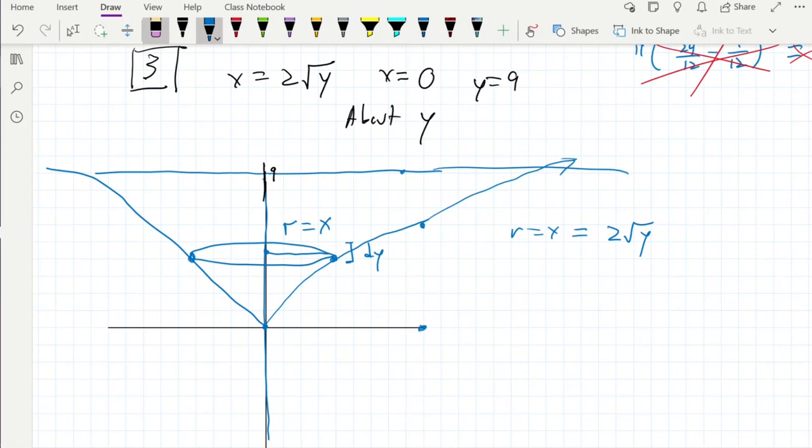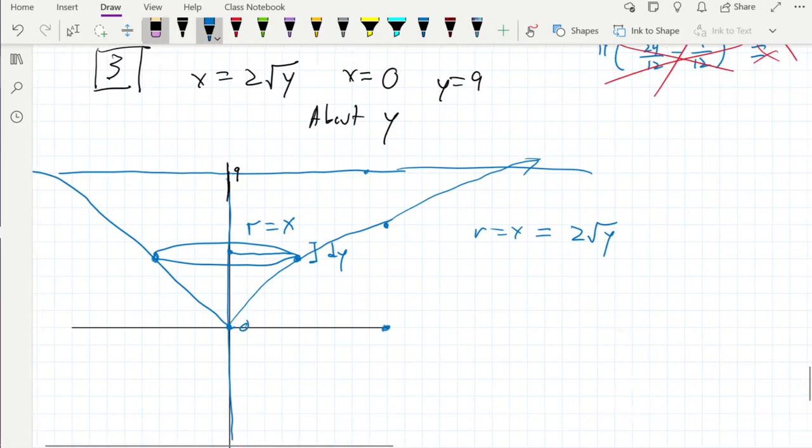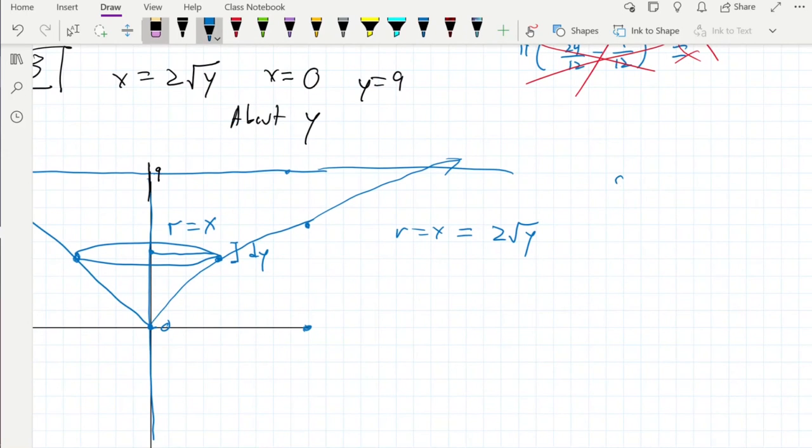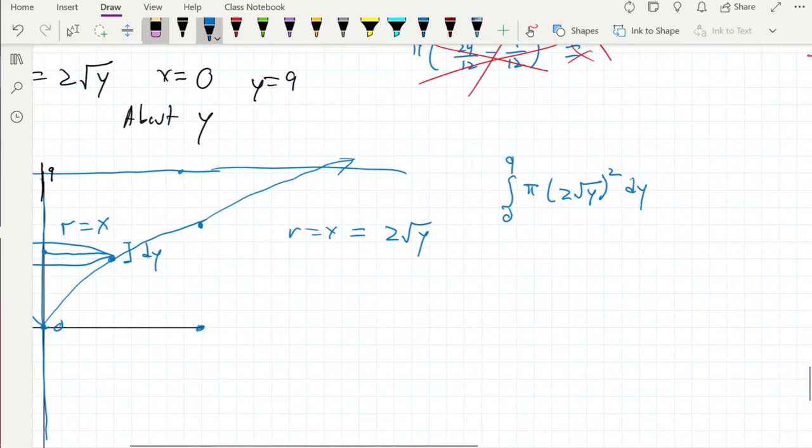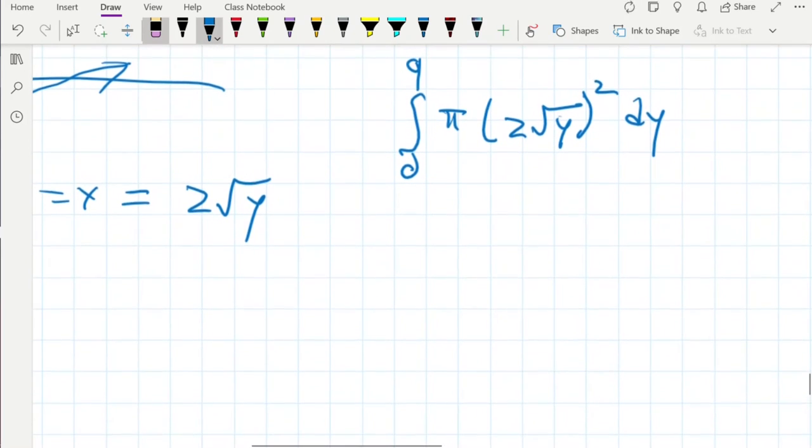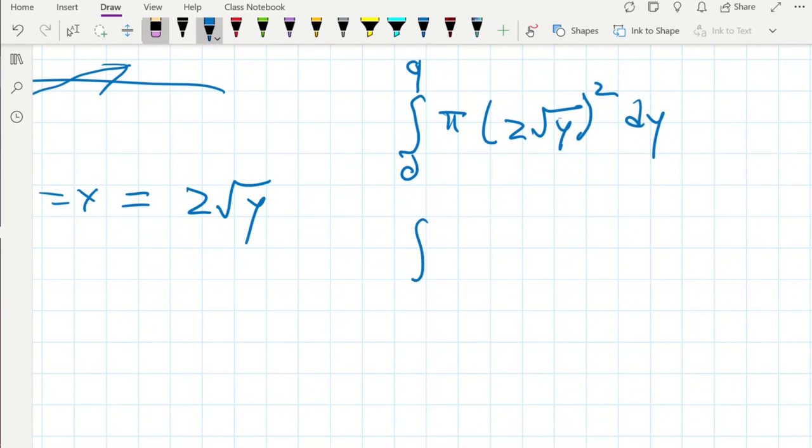And we're going to have to evaluate this from 0 to 9. So from 0 to 9 of pi, and then we'll take the radius, which is 2 times root y squared dy. So then we're going to take pi out to the front from 0 to 9 of 4y dy.